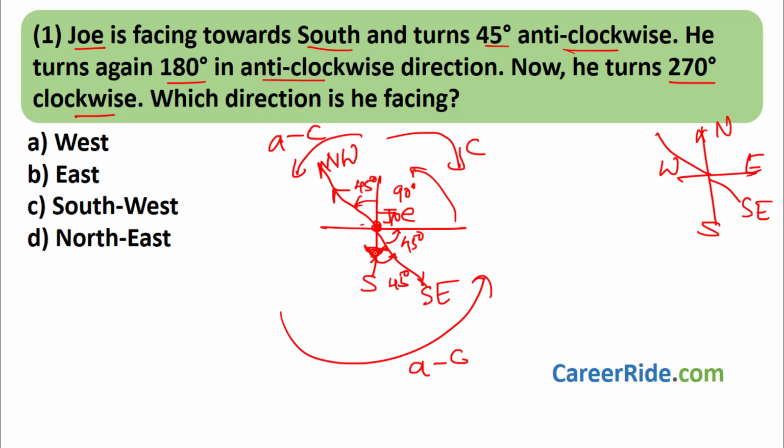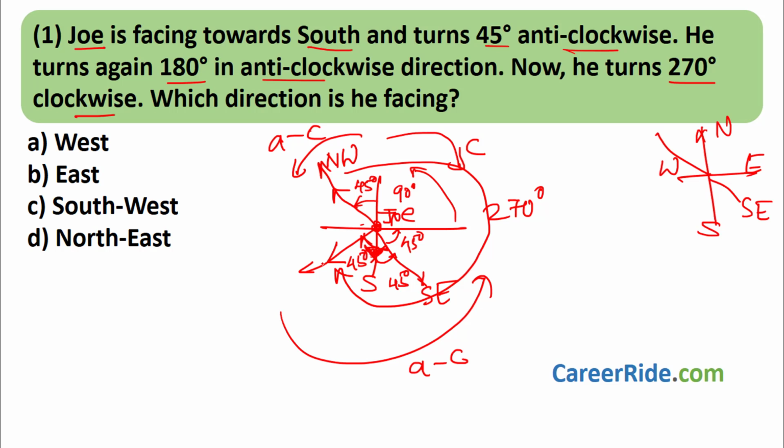This would be 225, and we want 270. So 45 more degrees. So Joe moved like this. This is nothing but 270 degrees. How 270 degrees? 45 plus 90, 135, 135 plus 90, 225, plus 45, 270 degrees.